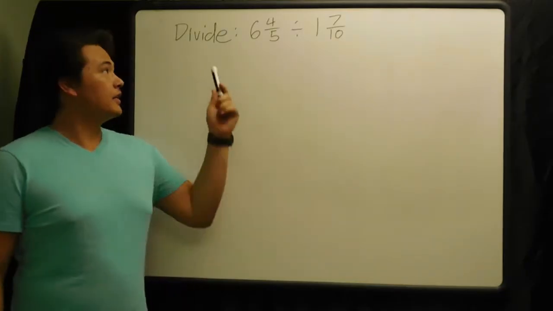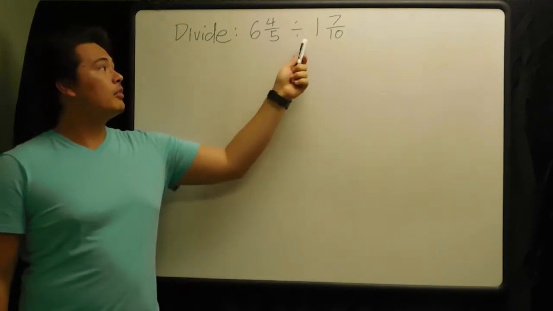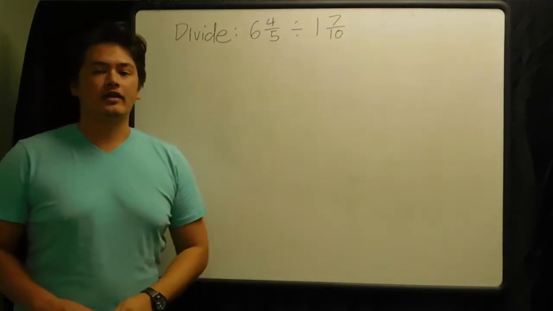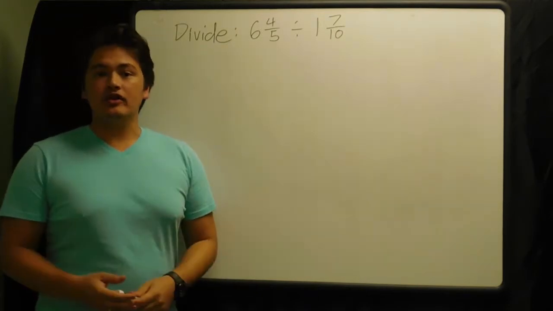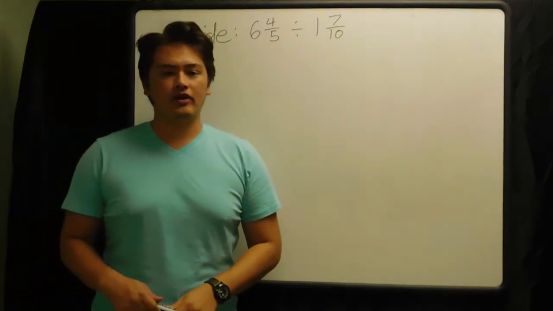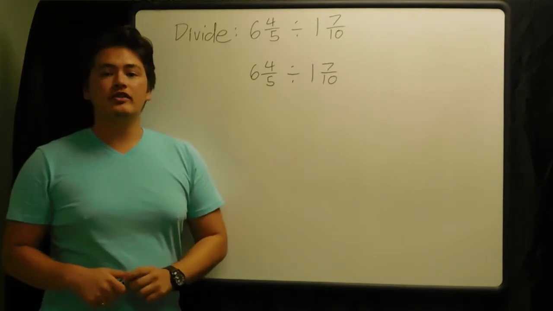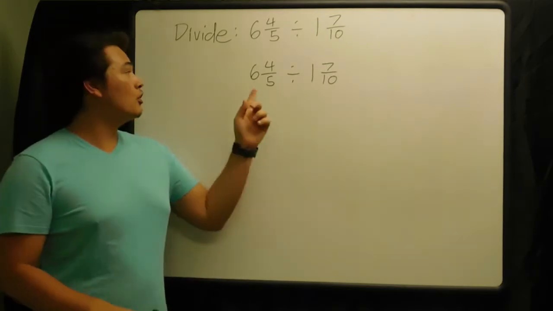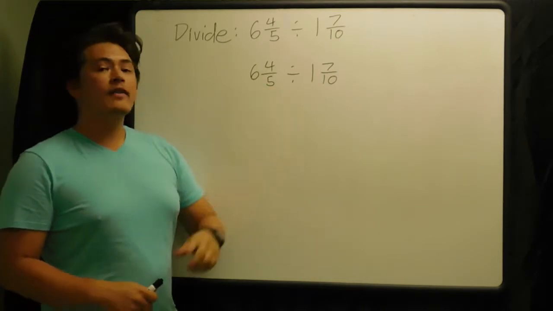This question is asking, divide 6 and 4 over 5 by 1 and 7 over 10. So before I start this problem, I'm going to take these mixed numbers and make them into improper fractions. To do that, I'm going to multiply the whole number by the denominator and then add the numerator.